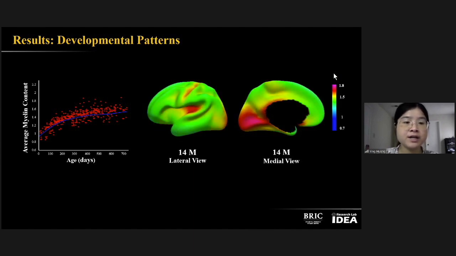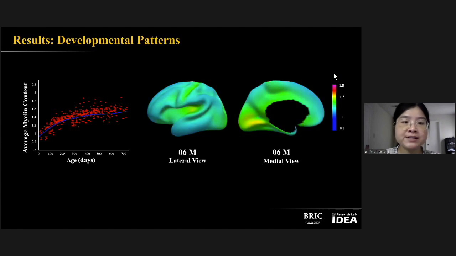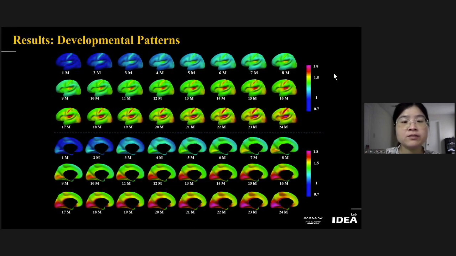The lateral view and the medial view illustrate the dynamic changes of the cortical myelin map from 1 to 12 months old. To better present the results, we put the myelination of all ages on the same chart, so we can see the developmental patterns as a whole.